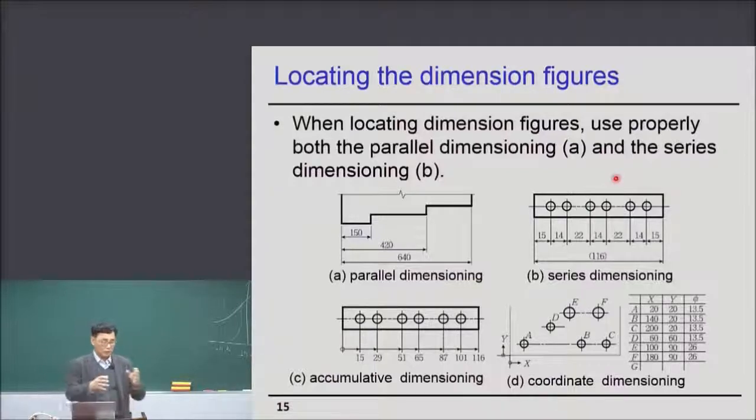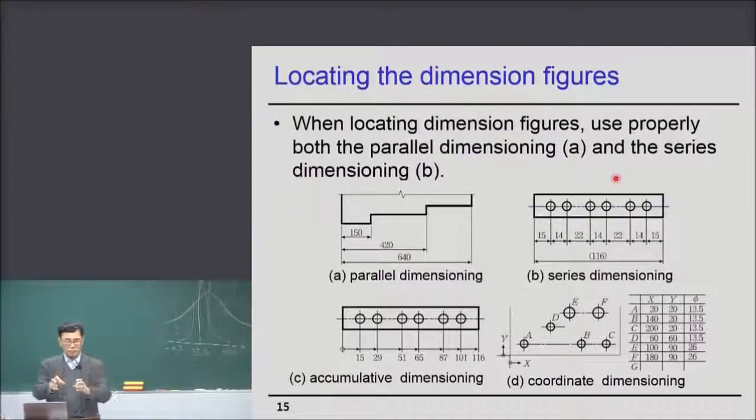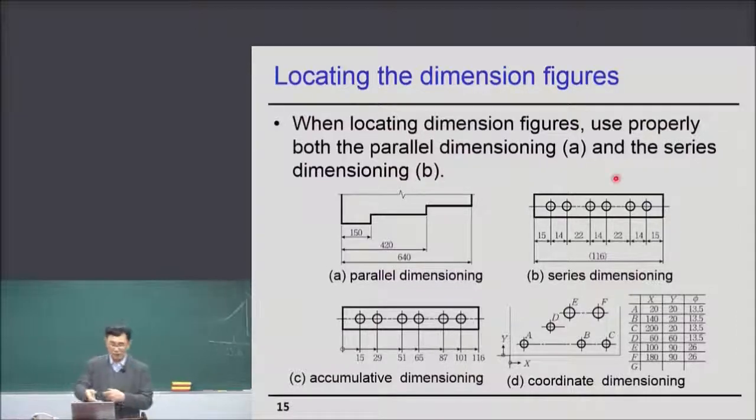Okay, so if you look at the part drawing, if in some area you're considering the function of the part is okay, then you may try a series dimensioning, and in the other area, considering the function of the part, the datum must be placed, then you may use parallel dimensioning.